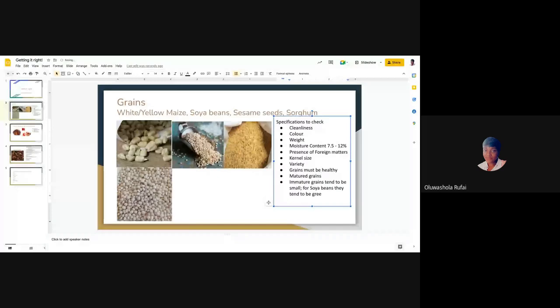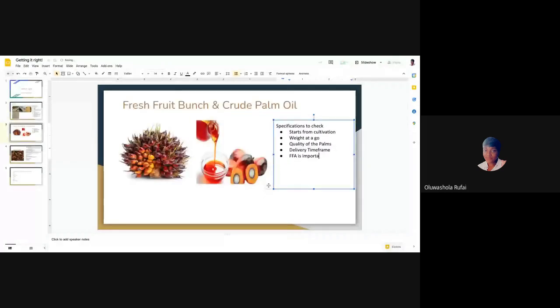As for the crude palm oil, when we're checking for specific ones for the buyers, it's very important that the FFA is known. If you're talking to merchants that want to supply CPO, it's very important that you know the FFA.